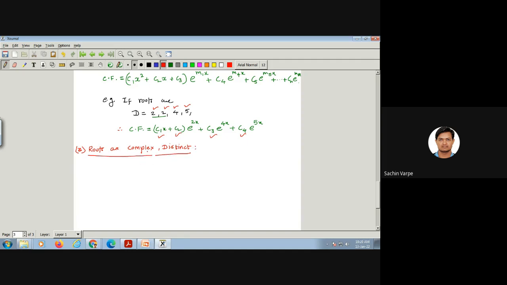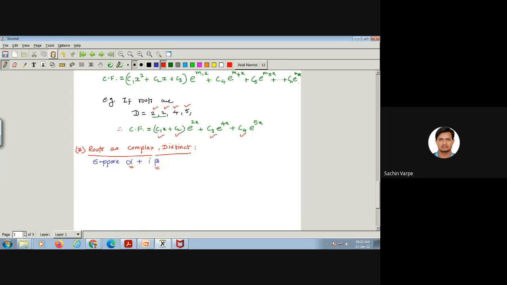So in this case, suppose we all know that the complex roots are of the form a plus ib, right, or alpha plus I beta, where alpha is called the real part and beta is called the imaginary part, right?